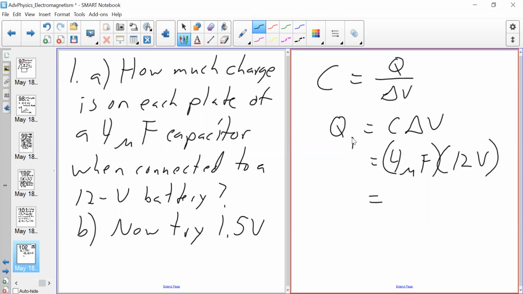So we have a couple of choices. 4 times 10 to the minus 6 farads times 12 volts becomes 4.8 times 10 to the minus 5 coulombs.